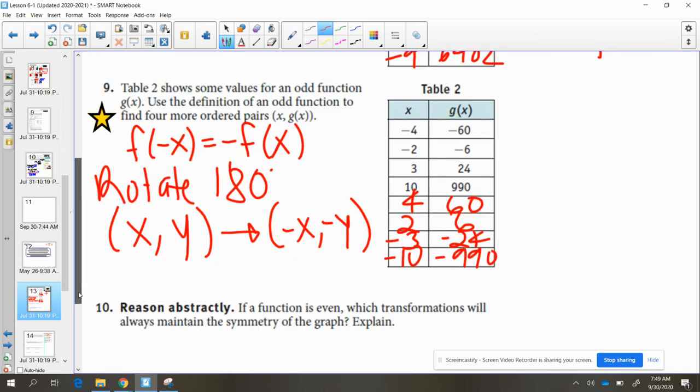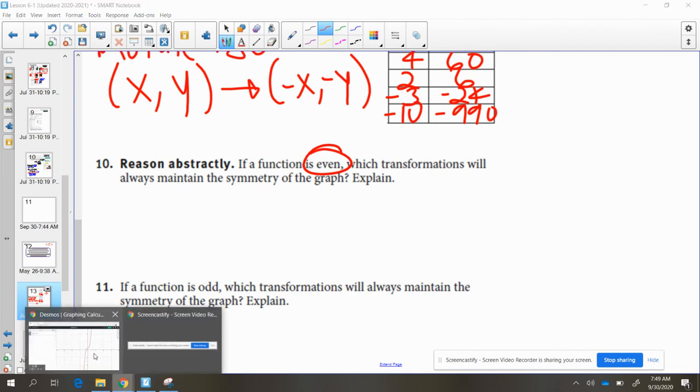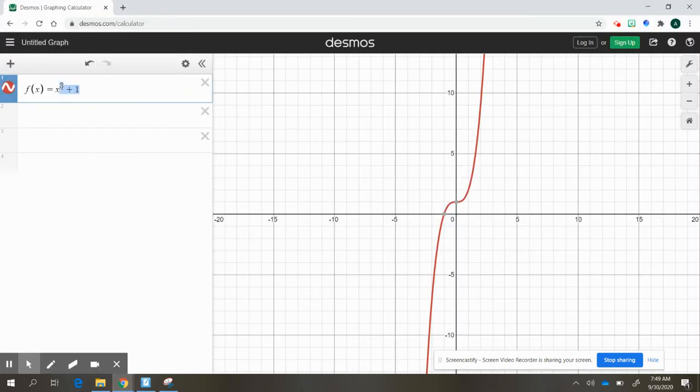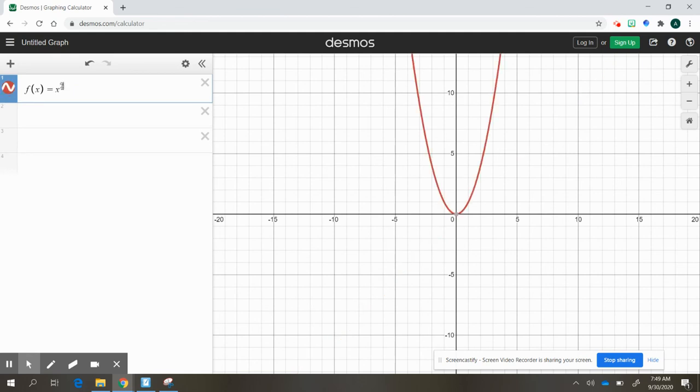Okay, and then just talking about which transformations will maintain the symmetry of an even function. Well, if we have an even function, for instance, x squared is an even function. Everything is going to maintain symmetry except a horizontal translation.